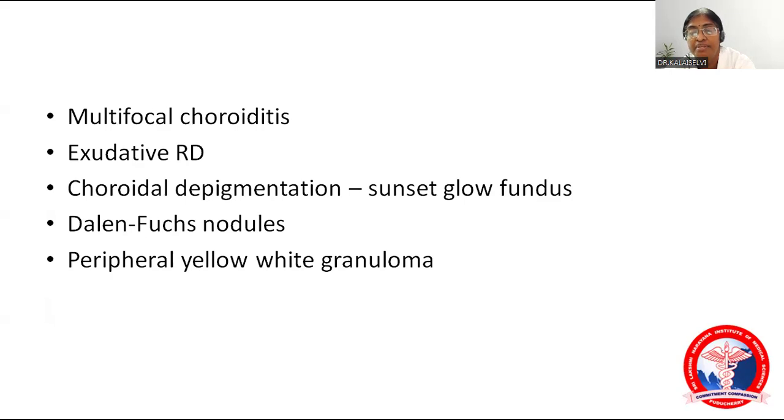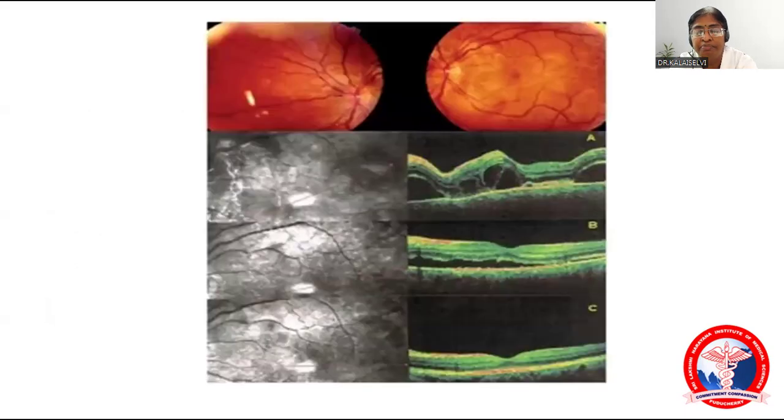It's the classical presentation. Then Dalen-Fuchs nodules can be seen, and we have peripheral yellow-white granules. And this is a picture showing multiple detachments, and here is the collection of fluid and detachment.